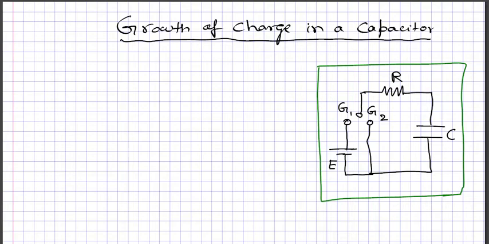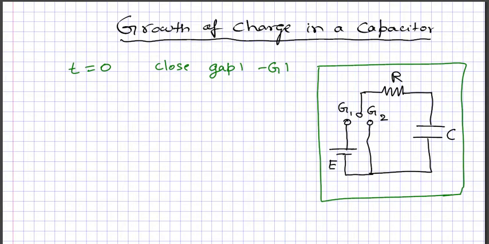Initially, to see the growth of charge on the capacitor plates, we have to close the gap 1, or G1, at t equal to 0. Then the current starts flowing in the circuit.